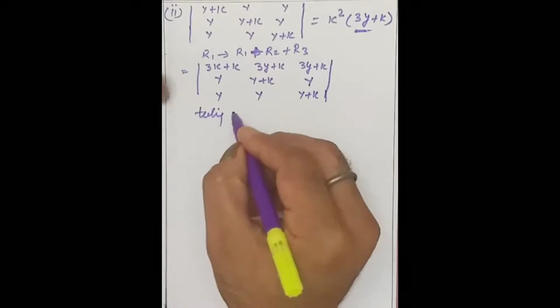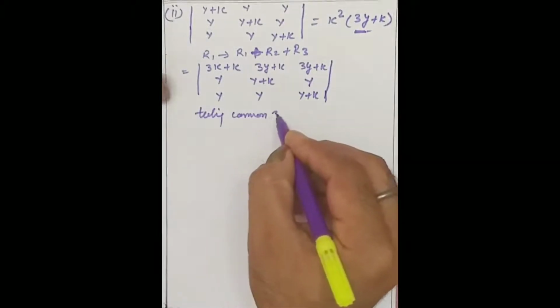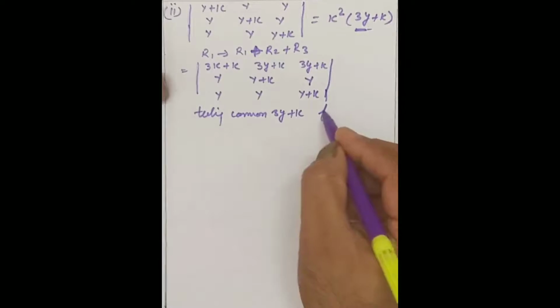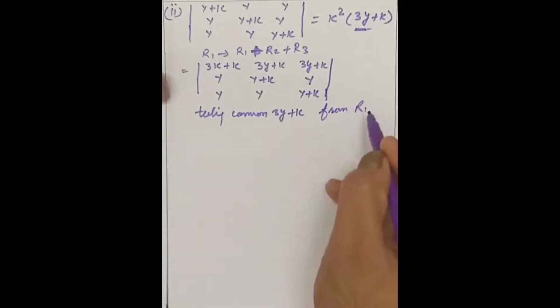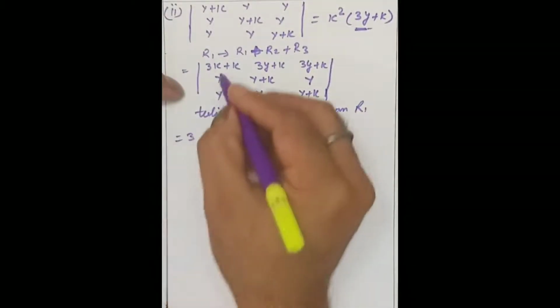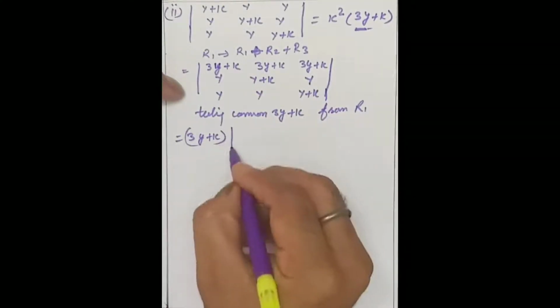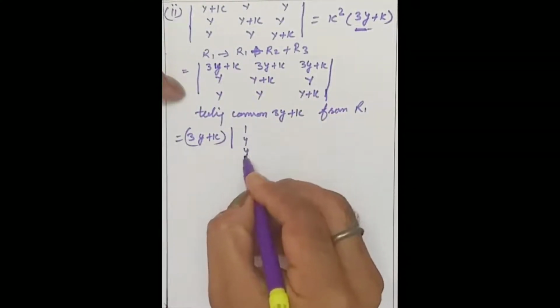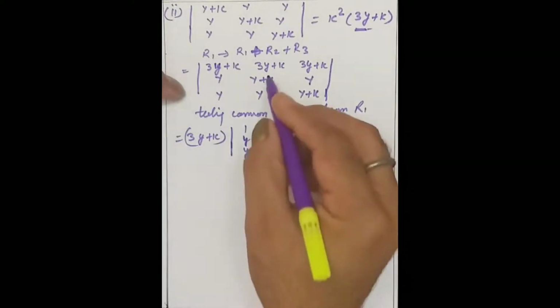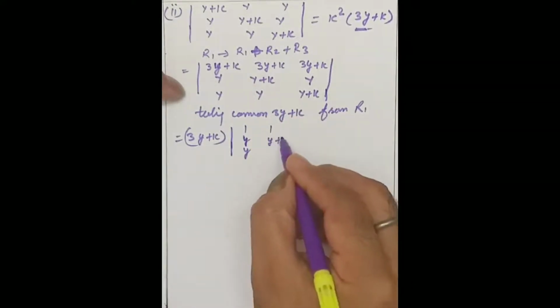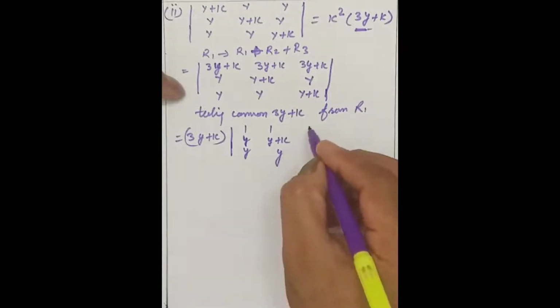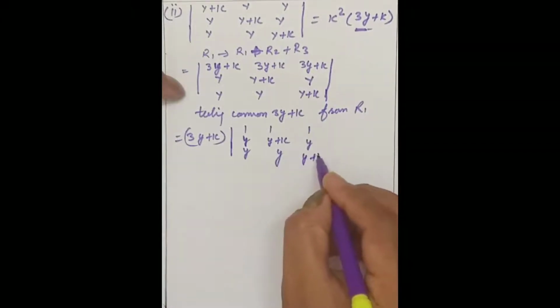Taking 3y plus k common from R1, we get 3y plus k outside. So now we have 1, y, first column, 1, y plus k, y, and 1, y, y plus k at the last.